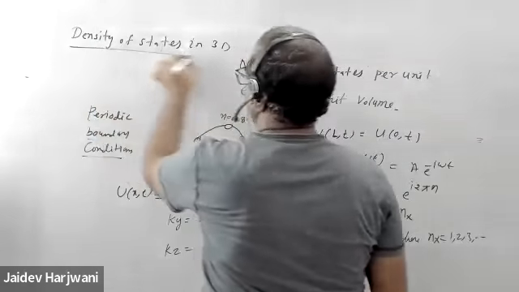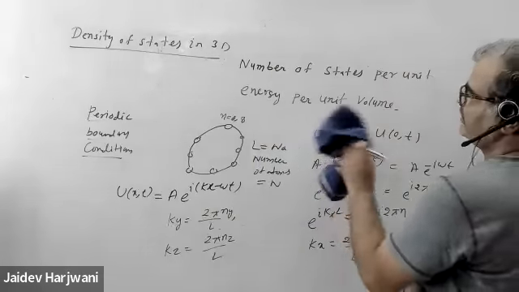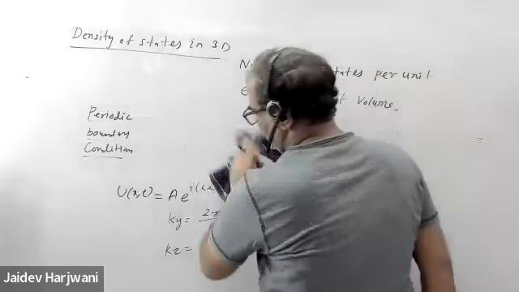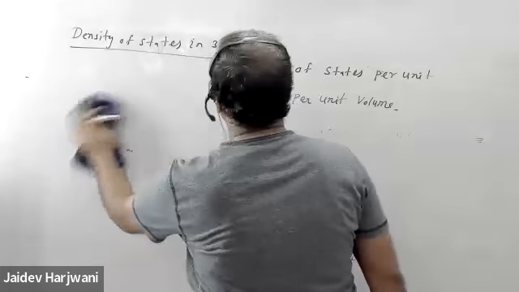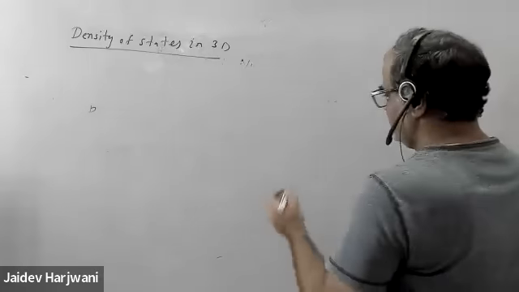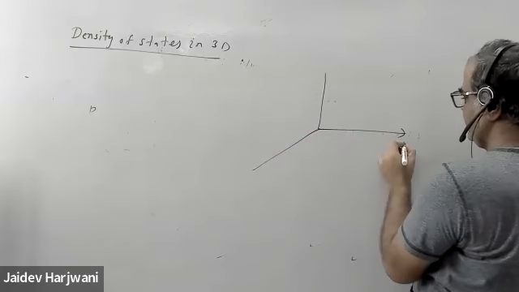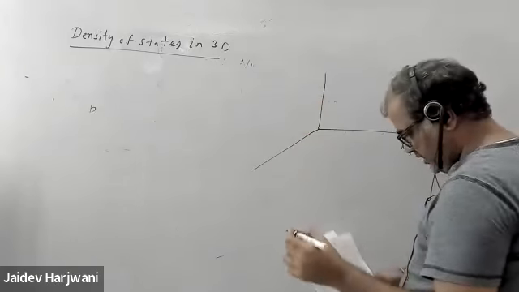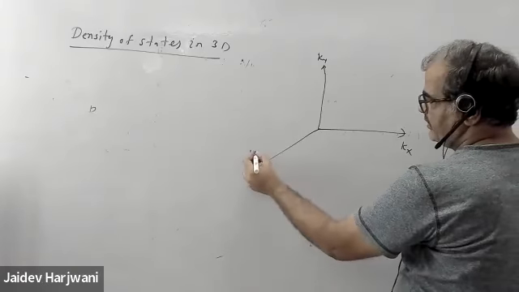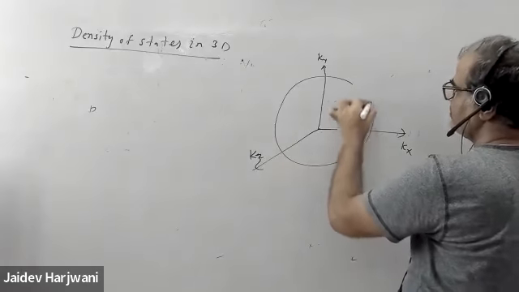Now in 3D, we know this is a wave vector, so in 3D your wave vector will make a sphere. In k space, if I draw kx, ky and kz, they will form a sphere of k values.